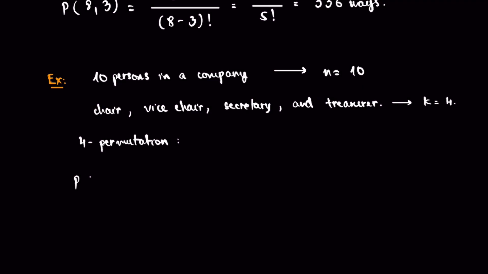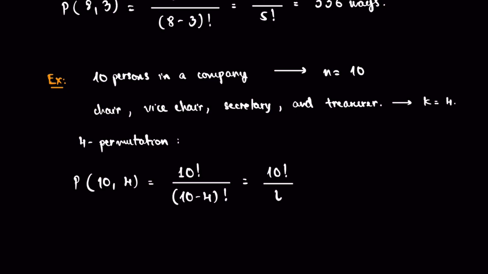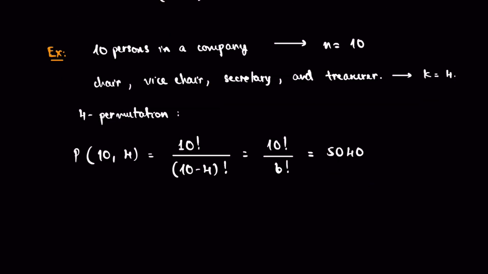And you do P of 10, comma 4 is equal to 10 factorial divided by 10 minus 4 factorial, which is equal to 10 factorial over 6 factorial. Using the calculator, we arrive at the answer of 5,040. So there are 5,040 different ways to select a chairperson, vice chairperson, secretary, and treasurer from a group of 10. And that's it for the example.